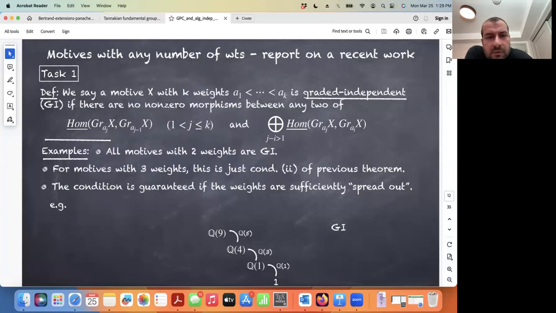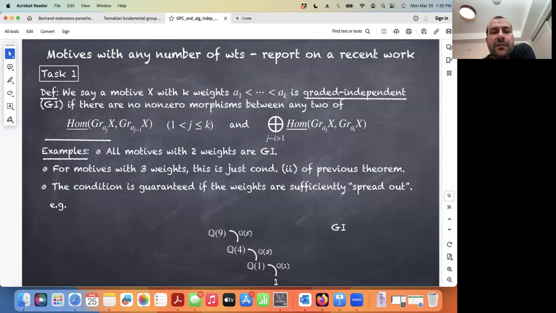Now, a few examples about this definition. If your motive has two weights, it's automatically graded independent because you don't have this at all, and you have only one of these. That's it. So trivially it will be graded independent. For motives with three weights, this becomes exactly the second condition that we had in the previous theorem.